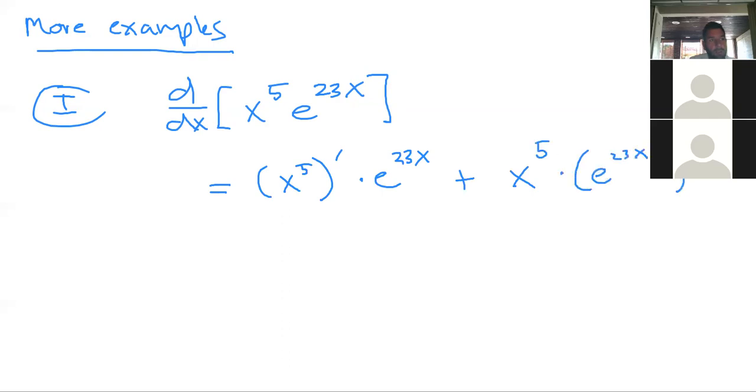Again, I mentioned this on Tuesday: some of you won't need these intermediate steps, some of you will. Once we compute these two derivatives, we are left with this.